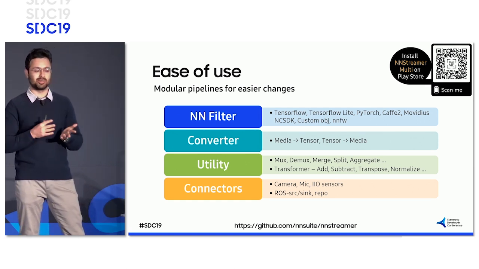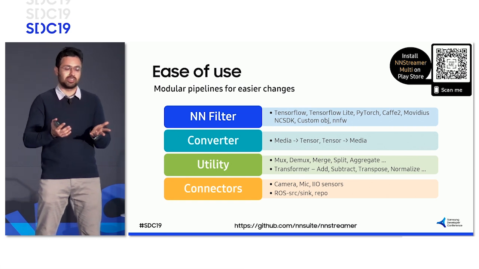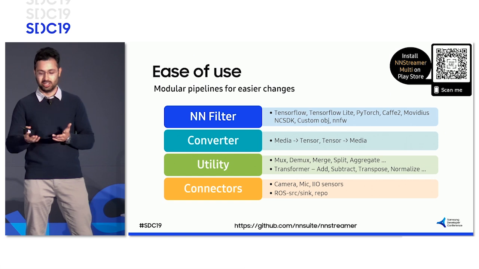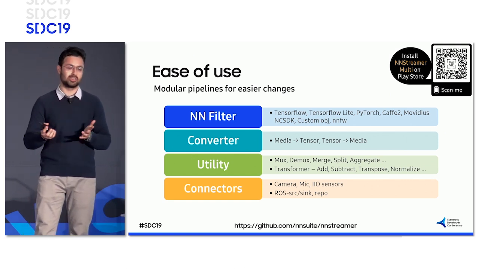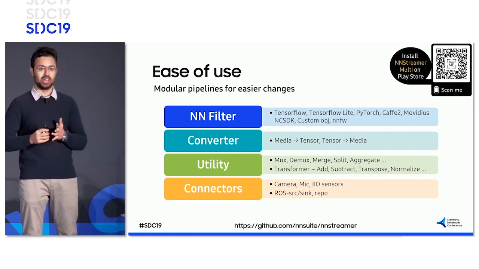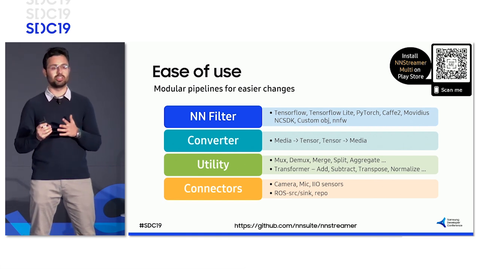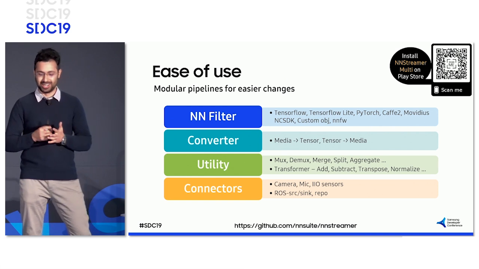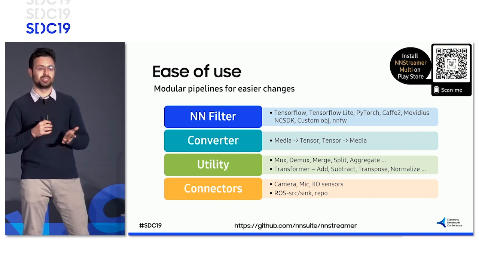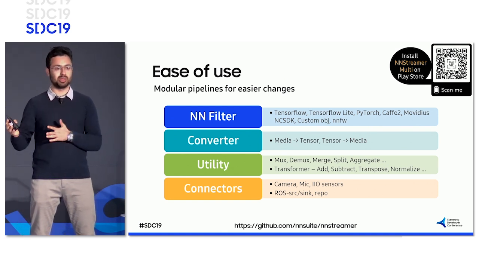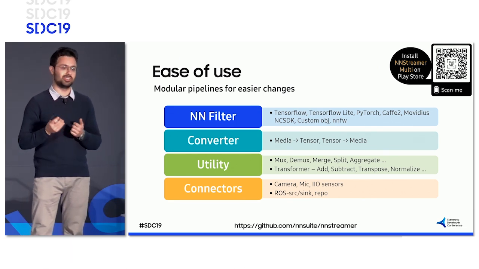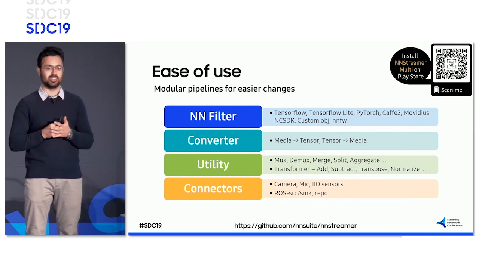So you can convert from video, audio, text, back to tensor format and back and forth. Utility elements, there are mux or demuxes, aggregate, allowing us to create complex topology of pipelines. Or we can have simplified ones as well. There are transformer elements to manipulate data before being passed to the models, simple manipulations, transpose, normalize, you can change the dimensions, all such things.